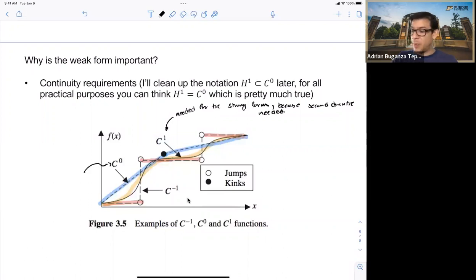Because we did integration by parts, then C0, that's all you need for FE, because of the integration by parts that we did. And C-1 is bad. You definitely don't want to do C-1 because you cannot even take one derivative.